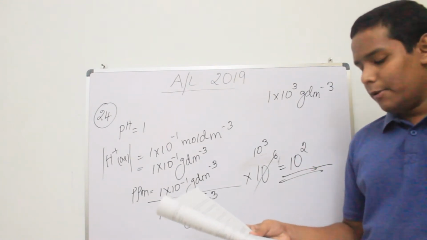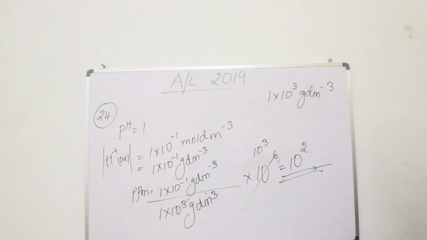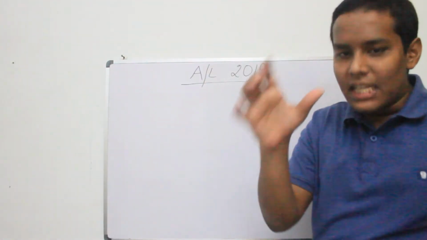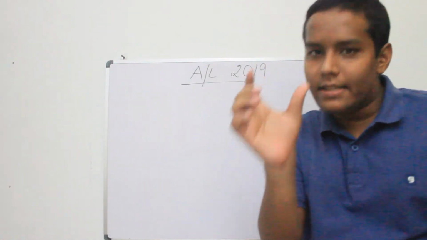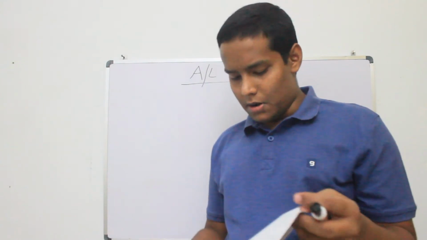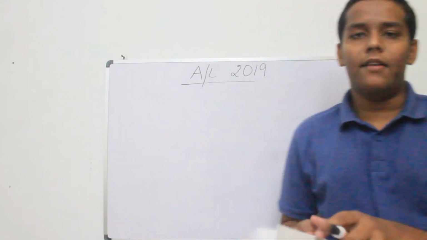So your answer for question number 24 is the third one, 100. Okay, so what is ppm? ppm is the mass fraction of a particular component in a solution into 10 to the power 6. That's simple.